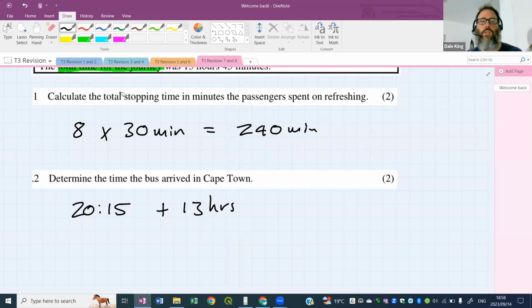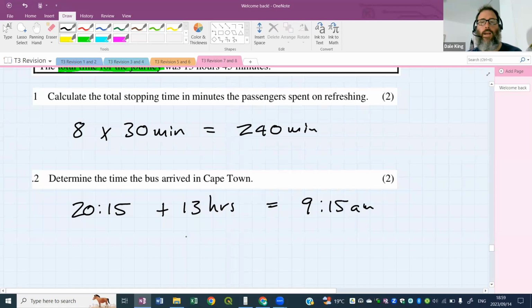Well, what's 8:15 plus 12 hours? At 8:15 in the evening, 12 hours later, where does that get you? That gets you to 8 in the morning, doesn't it? But we don't have 12 hours. We've got 13. So that should take us to 9 o'clock in the morning. All right, AM.